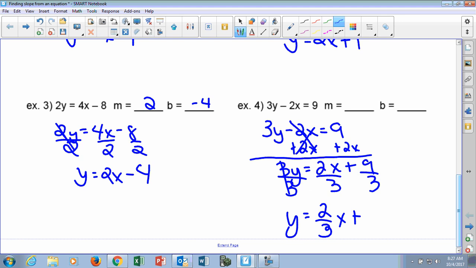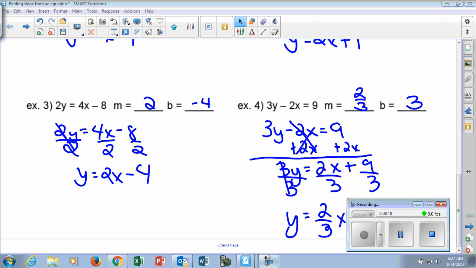What's 9 divided by 3? 3. So our slope is 2/3, and our y-intercept is 3. How many people got that? Couple? Okay. Remember, it's just breaking it down step by step. Don't skip a step, because that'll throw you off. All right, I'm going to stop the video here, because that's all we're doing.